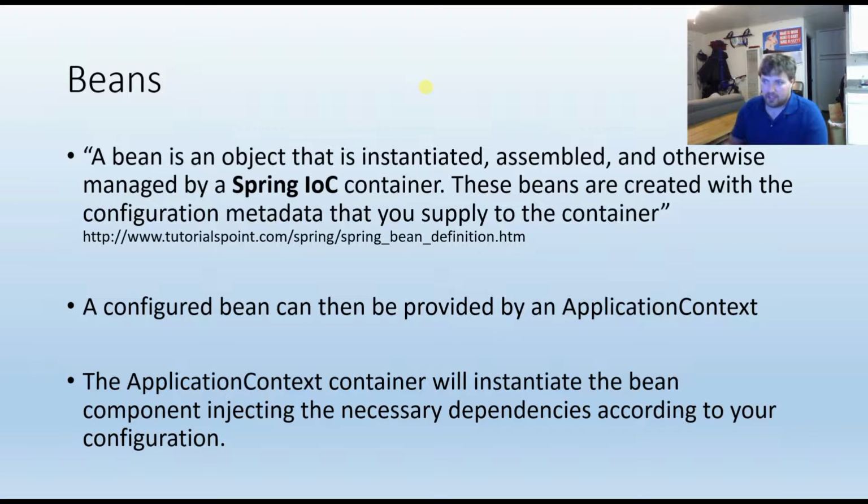In the end, a bean is just a configured concept of one of your POJOs, one of your plain old Java objects that you've made. The configured bean will be provided by whatever container you have set up. The container will instantiate the bean, inject any components that it needs, and give it back to you ready to go.